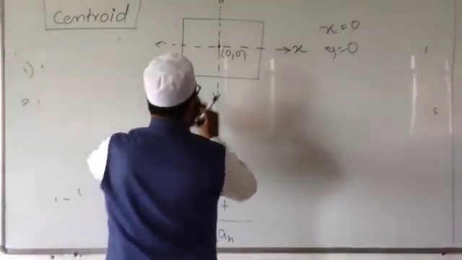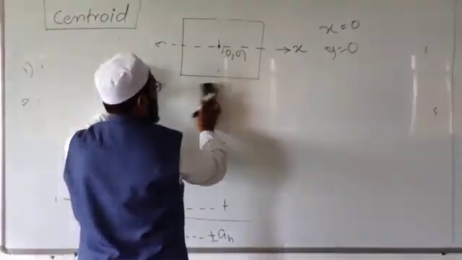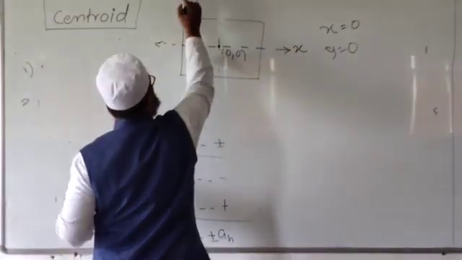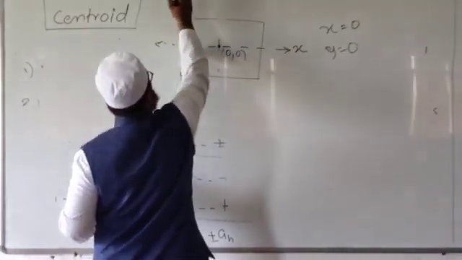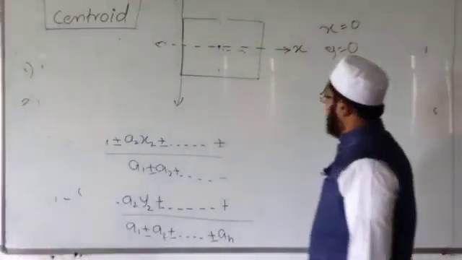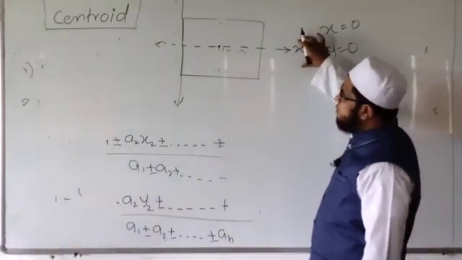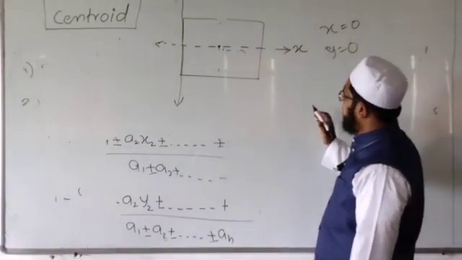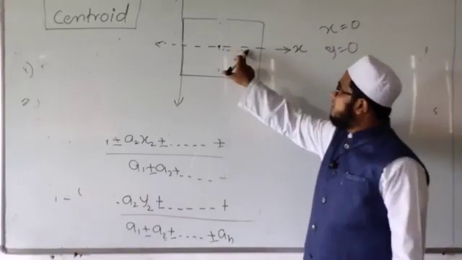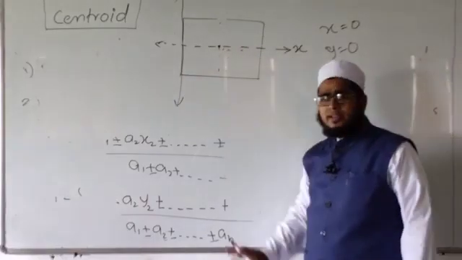Now listen here, there may be a possibility that y is lying here and x is in between. In this case only the x axis is dividing the figure into two equal parts, and the y axis is at the edge of the rectangle.